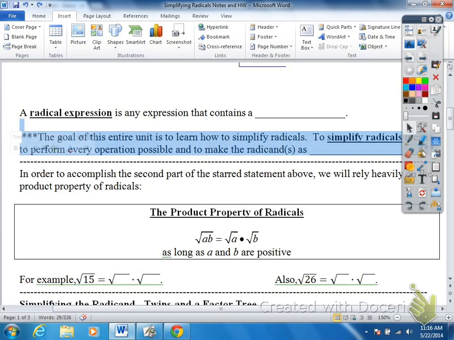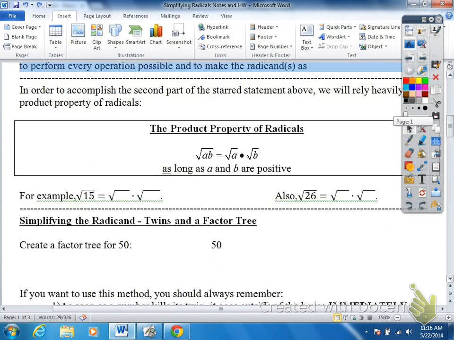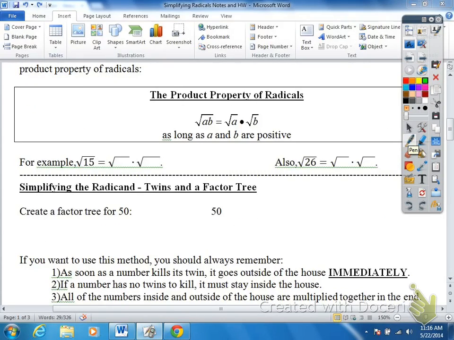One way that we can do that is by realizing that there is this property called the product property of radicals. That product property just simply means that I could take any radical and I could write it as the product of two radicals. So if you see here, for example, the square root of 15 could also be written as the square root of 5 times the square root of 3.